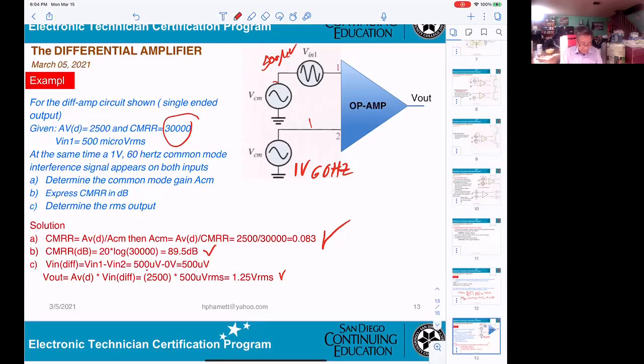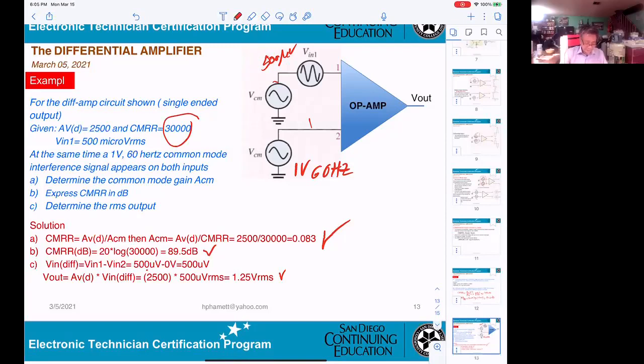Any question for this example? Mr. Pham, I thought common mode rejection ratio was independent of the differential gain. Isn't the common mode rejection ratio 20 log of the rejection ratio?